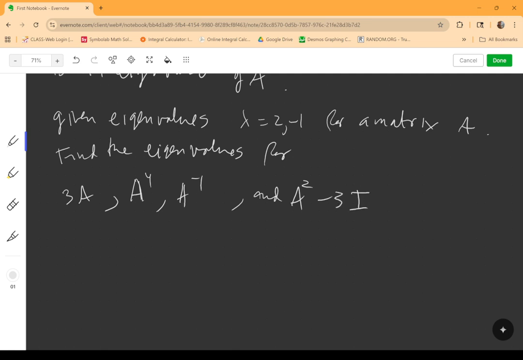Now the first one, 3A. For this one, we just have a scalar multiple. So for 3A, the eigenvalues are, we just take those: 6, and -1 times 3, we get -3.